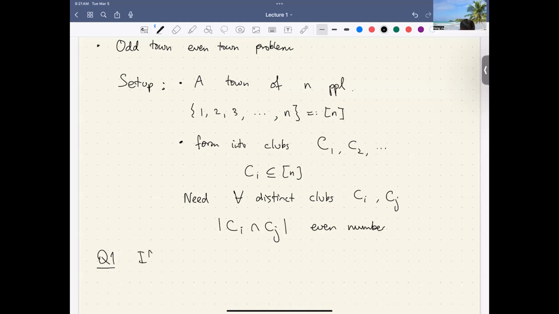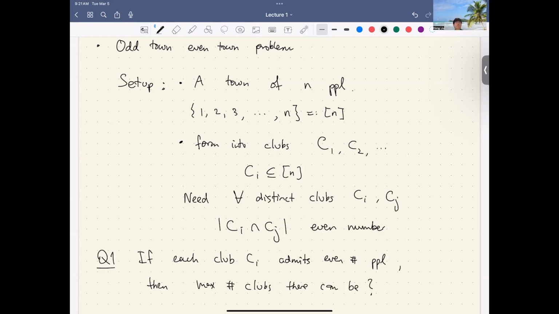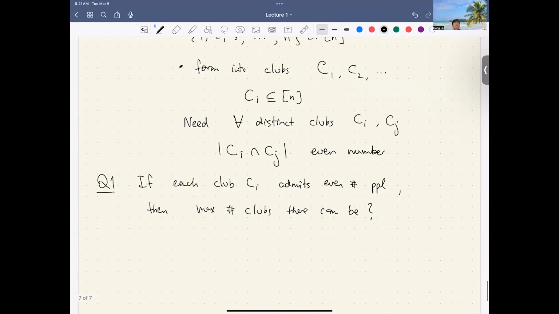So if each club Ci admits an even number of people, then what's the maximum number of clubs there can be? How many different clubs can you form?